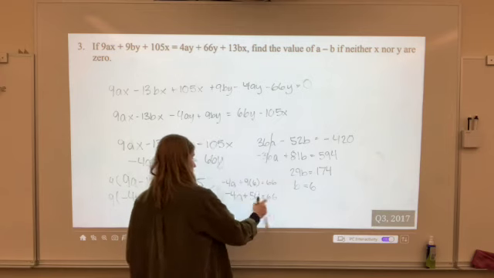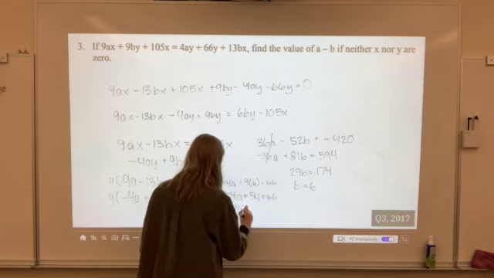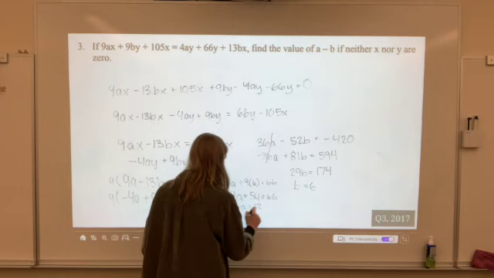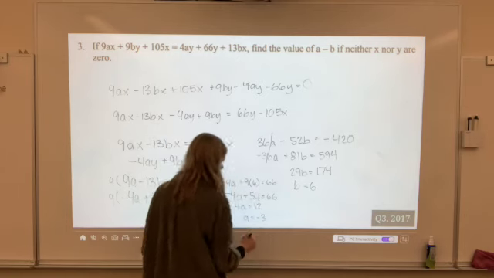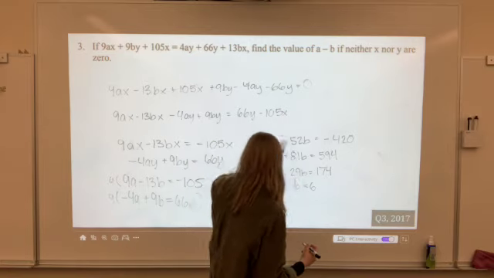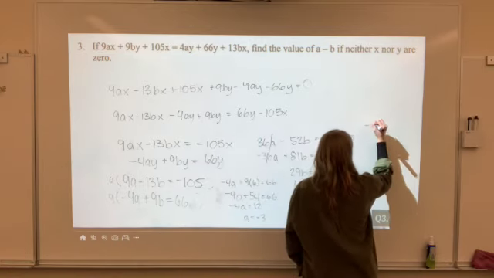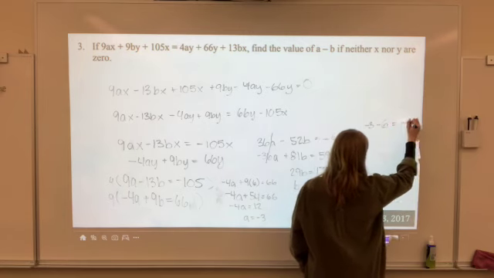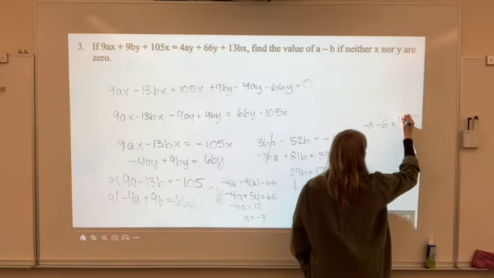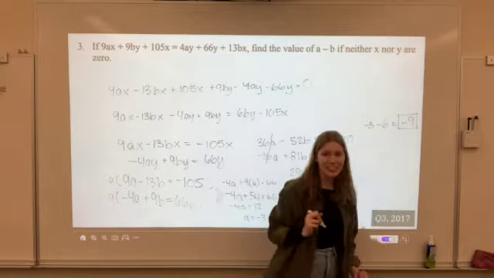Subtract 54 from both sides, we get negative 4a is equal to 12. Divide both sides by negative 4, a is equal to negative 3. Now, let's solve for a minus b. Well, a is negative 3 minus b, which is 6, is equal to negative 9. And that is our final answer.